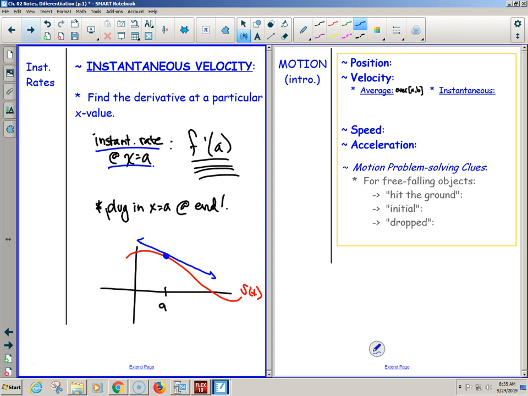Because some of you got stuck on this in homework, so we're going to need to talk about questions or places you got stuck in just a second. How do I do a tangent line again? Y minus y1, which in this case, wouldn't y1 be f of a? Y minus f of a, that's the y value of the point, equals, how do I find the slope of a tangent line?